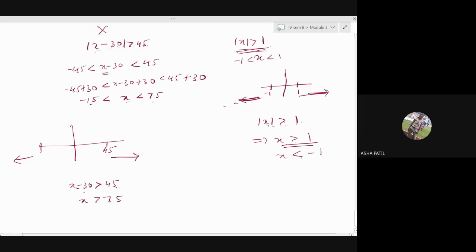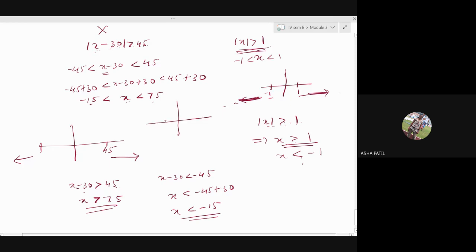Next, mod x is greater than 1 means the other value you are taking is x less than minus 1. So what will you write here? x minus 30 is less than minus 45, or x is less than minus 45 plus 30. Add 30 on both sides. x is less than minus 15. So we go for x greater than 75 and x less than minus 15.